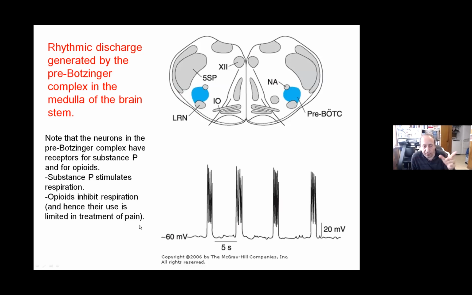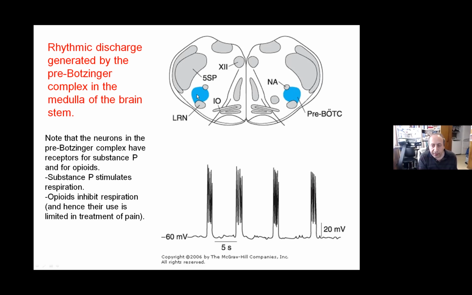As I mentioned before, this nucleus is located at the rostral part of the ventral respiratory group. You can see it's located between the nucleus ambiguus and the lateral reticular nucleus, and here you have the inferior olive.